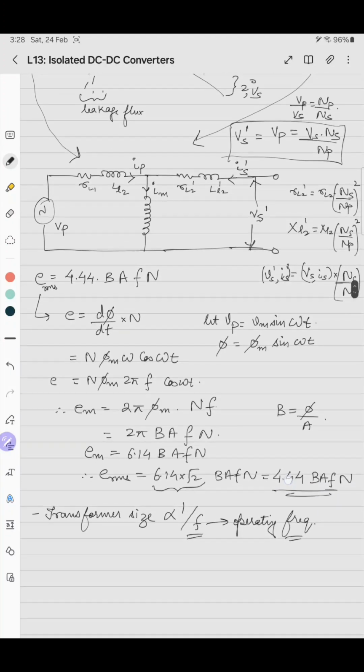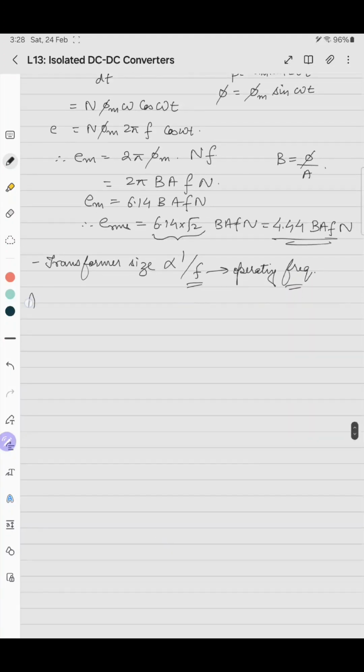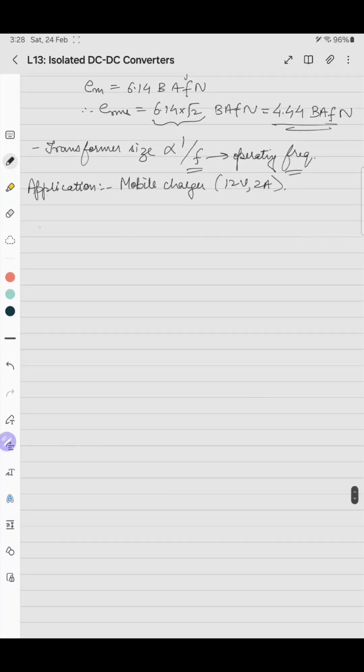So if you have an application like a mobile charger, which is a 12 volt, up to 2 ampere charger, then what we do is, this is the supply, 230 volt RMS.